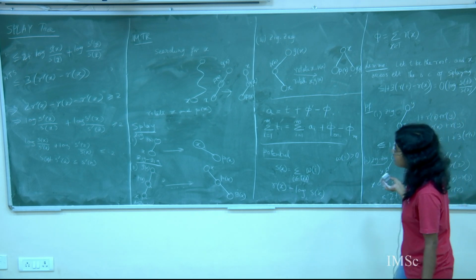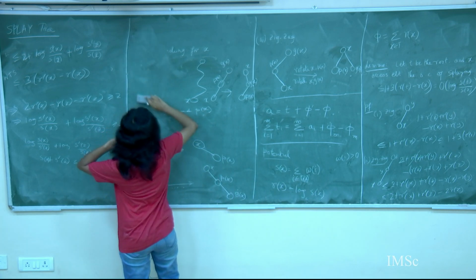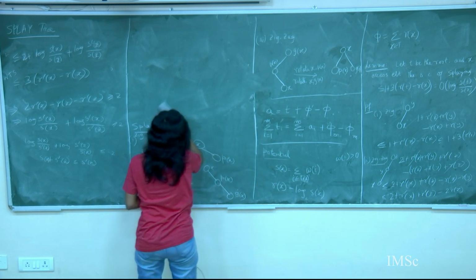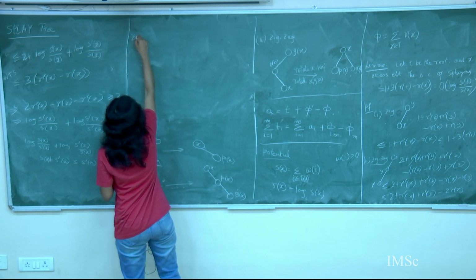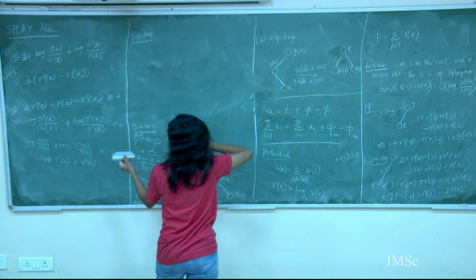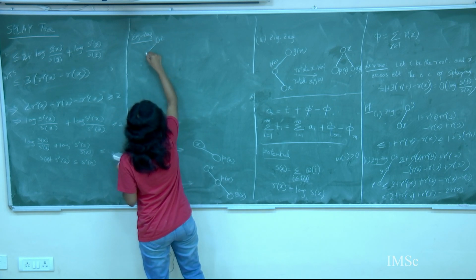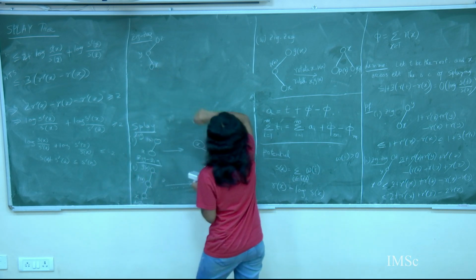So this is the zig-zag case, and if we look at the zig-zag case, that will also be similar to this. So z, y and x, move x to the top.